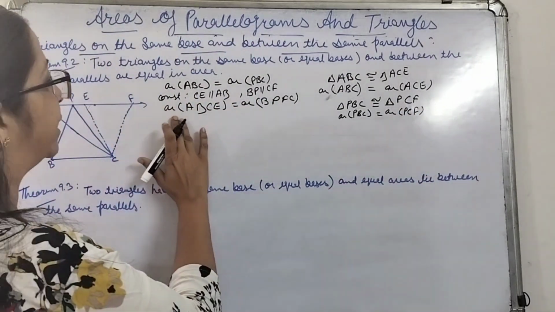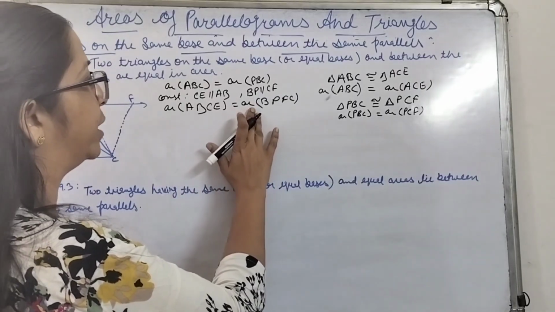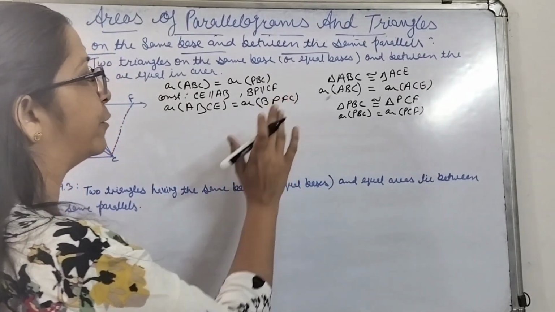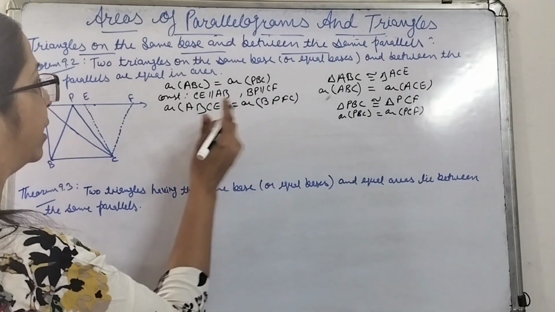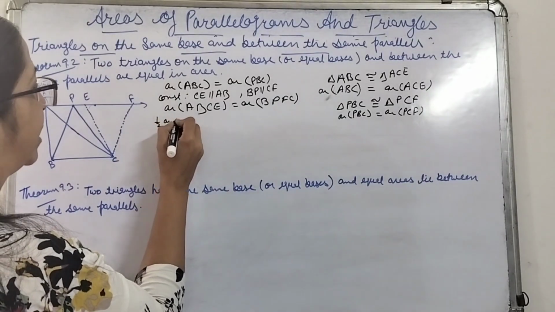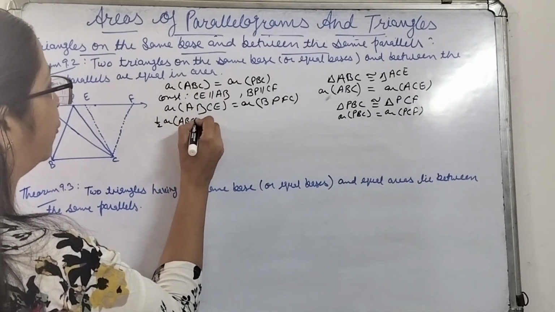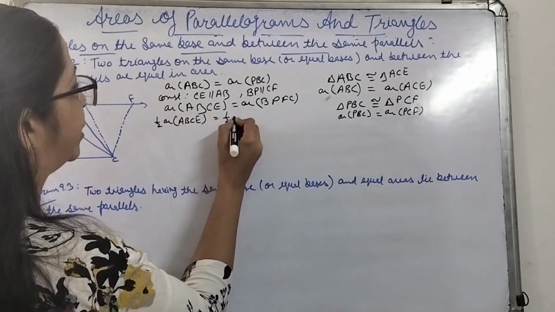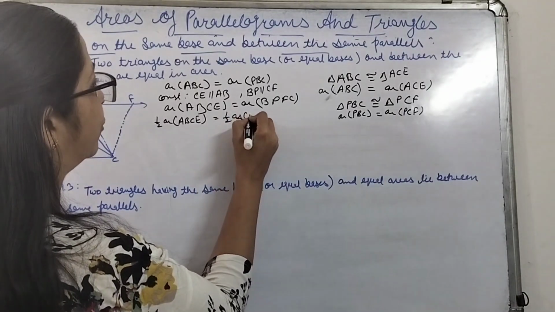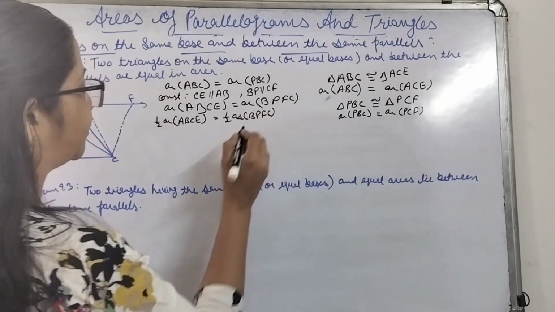Just now we have said that the area of ABCE is equivalent to the area of BPFC. So if their areas are equal, then half of their areas will even be equal. Half of ABCE will be equivalent to half of the area of BPFC also.